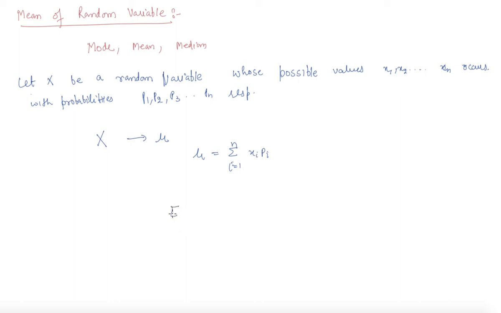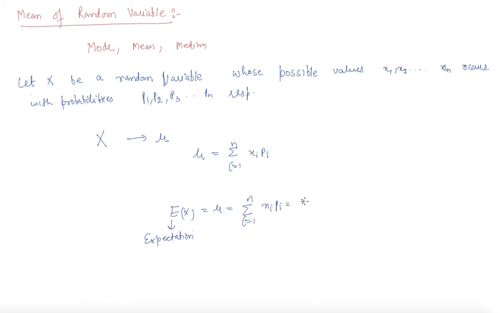Here E is called the expectation of a random variable, given by mu is summation i equals 1 to n of xi pi.